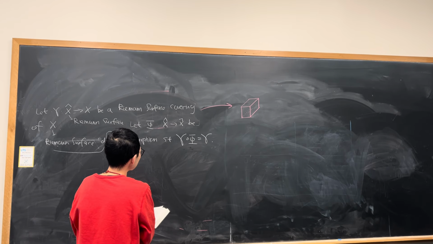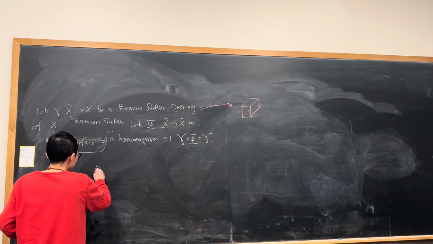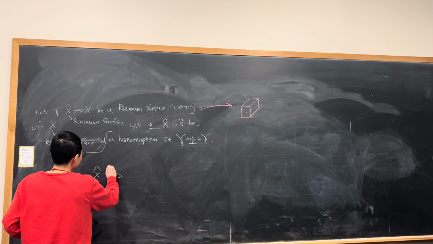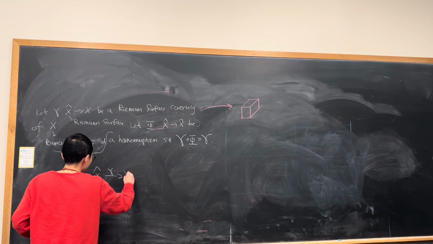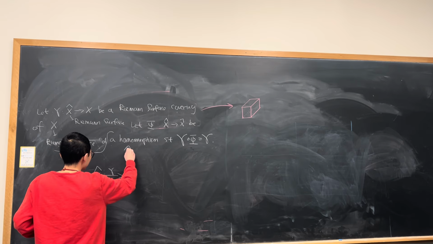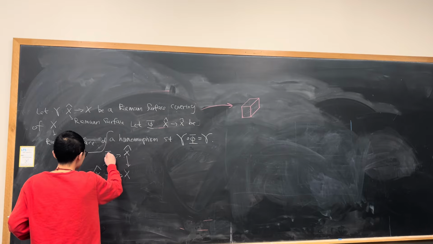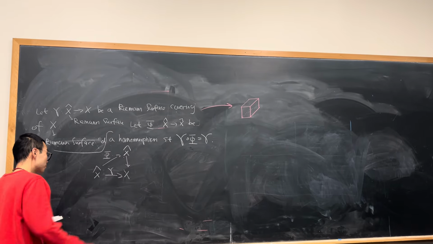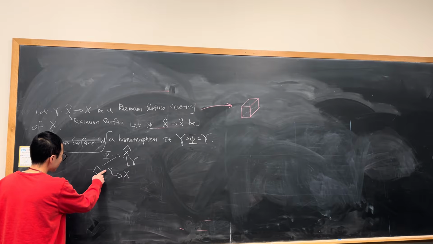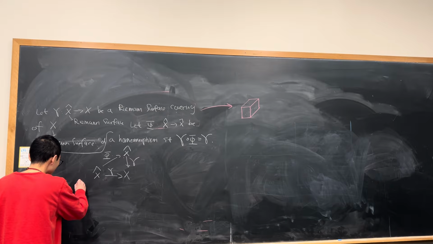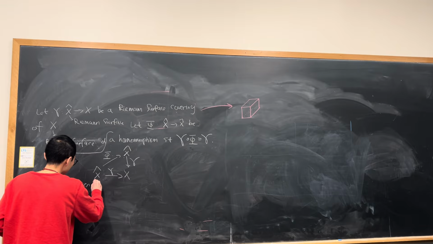If you have this x hat here, and then this is gamma here, and then this is also x here, and then you have x hat here, and then it is like a phi here.